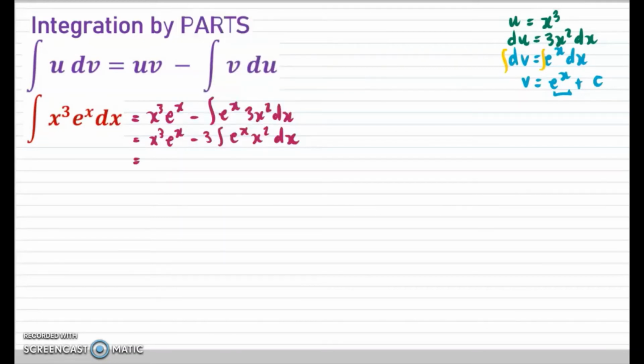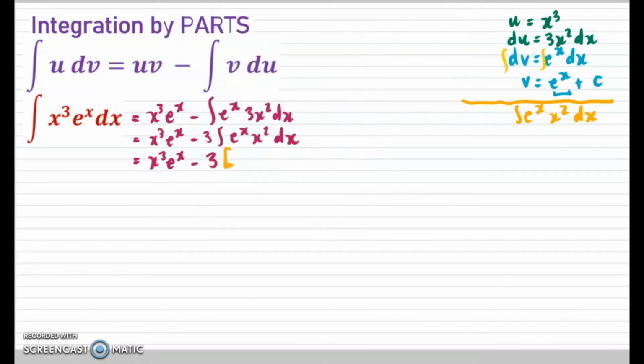So we have equals x cubed e raised to x minus 3. Let's use a different color for that. So for our integral e raised to x squared dx, let's choose the u again as the algebraic one that appears before the e, the exponential, right?